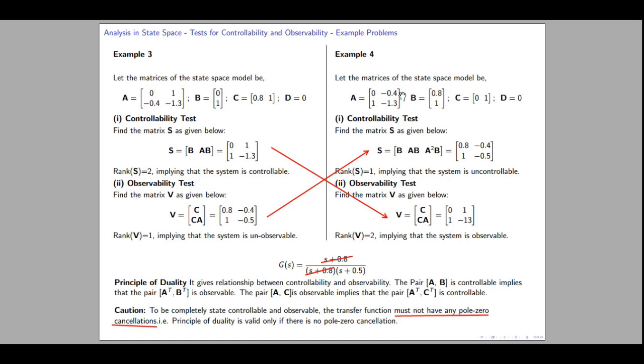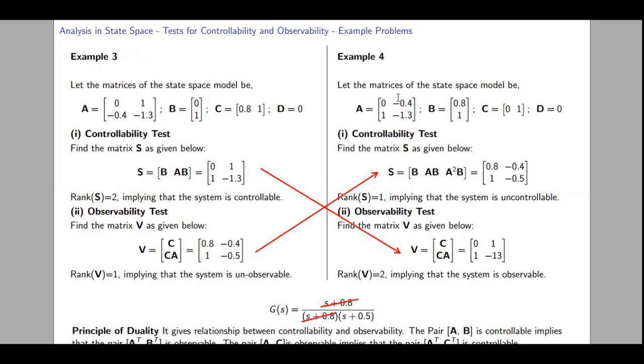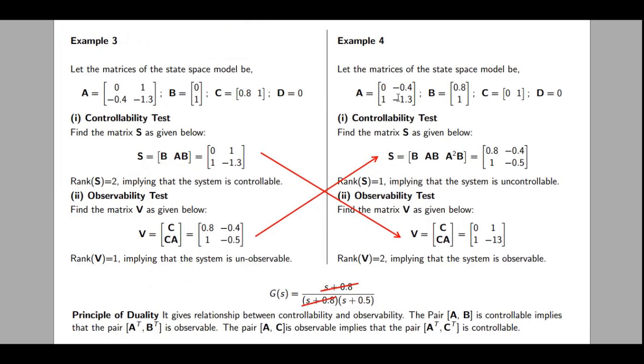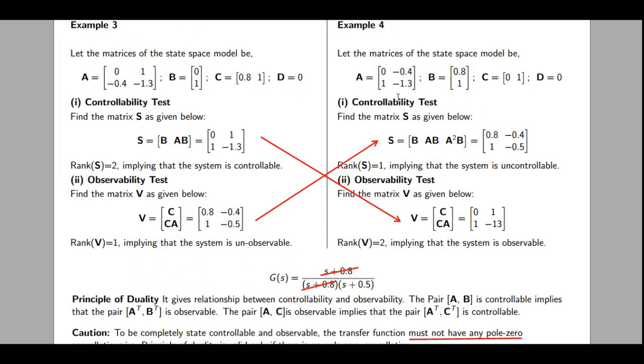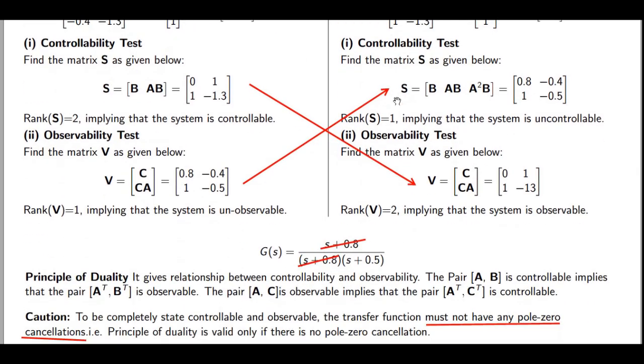Now you can easily say that since this is in OCF, this should be an observable system. This is actually true. This is what we call the principle of duality. It gives a relationship between controllability and observability.